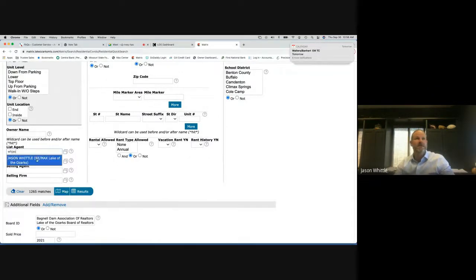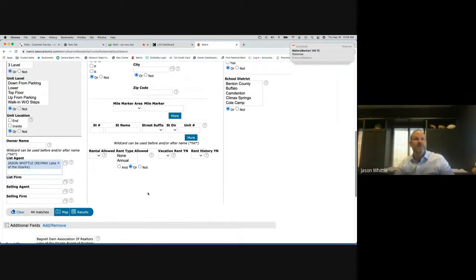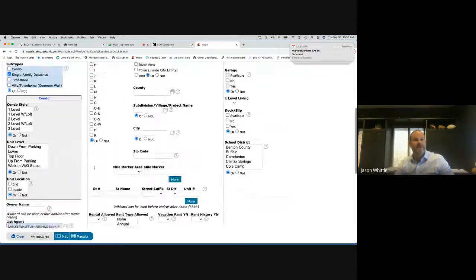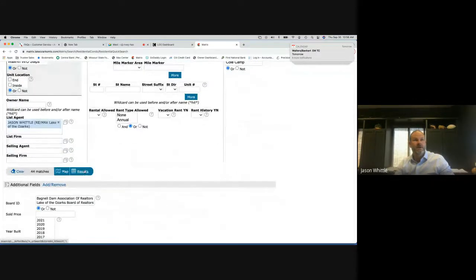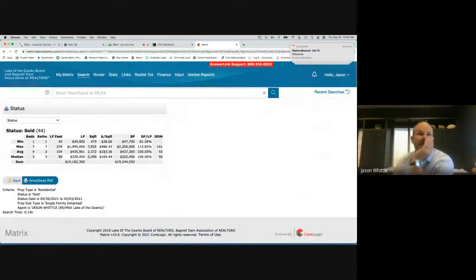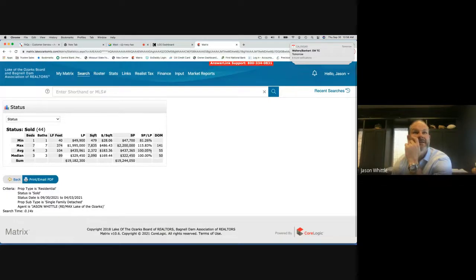So you'd come down here and you'd put your own name in here, so that's mine. Say I've sold, last 180 days, single family. I'd go to stats and then I'd go to tabular. And I could see that my average list to sale price on residential over the last 180 days is at 100.